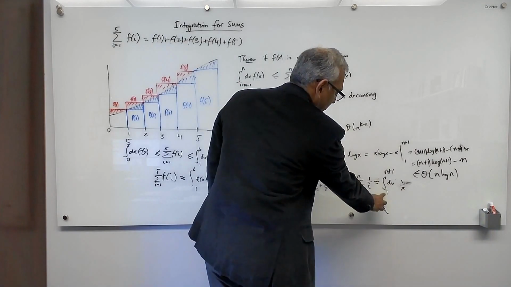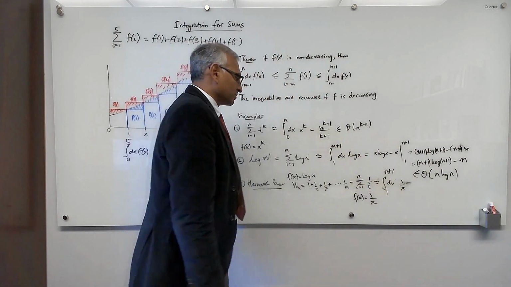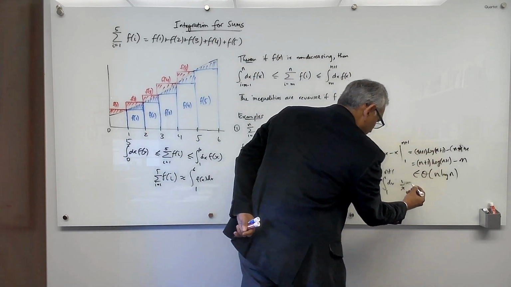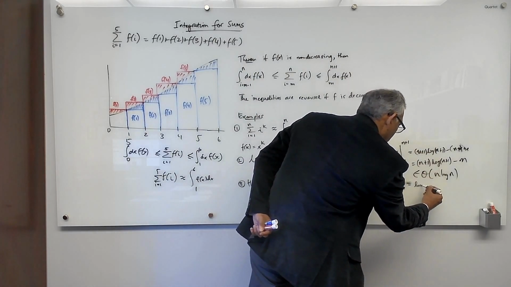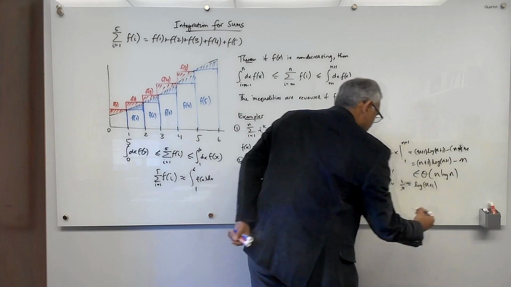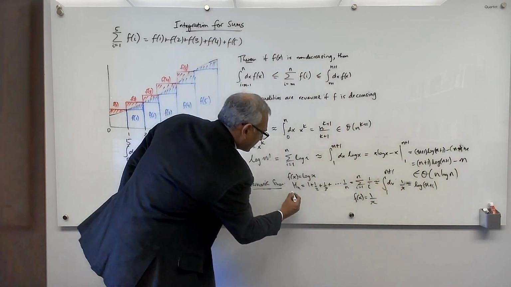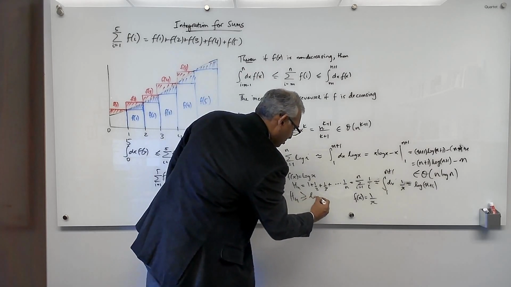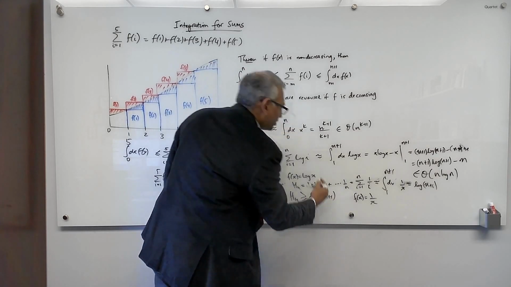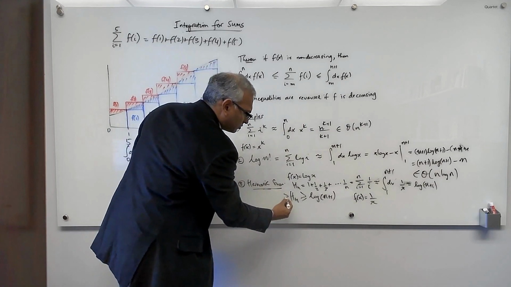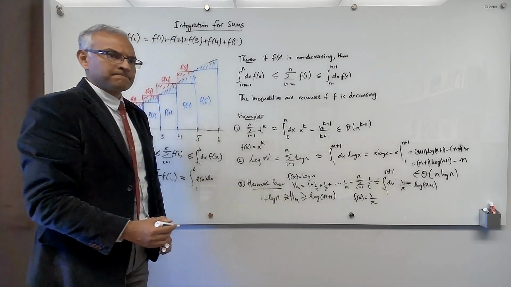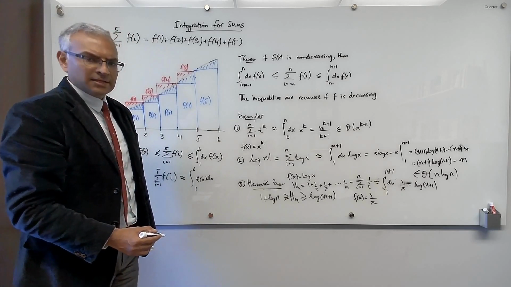But I can't integrate from 0 to n, so I'm going to take the lower bound and say that this is equal to the log of n plus 1. So technically, what I've proved is that H_n is at least as large as the log of n plus 1. You can use the integration method to show that it is at most 1 plus the log of n.